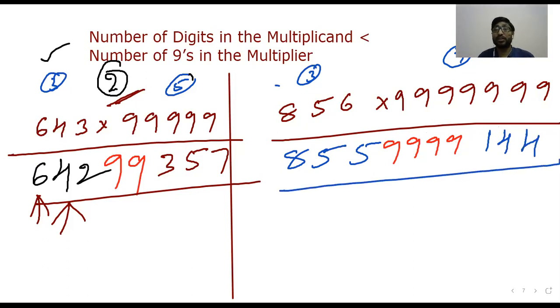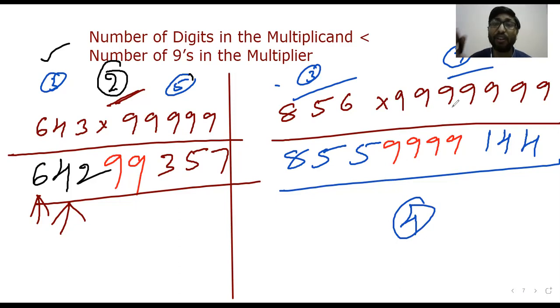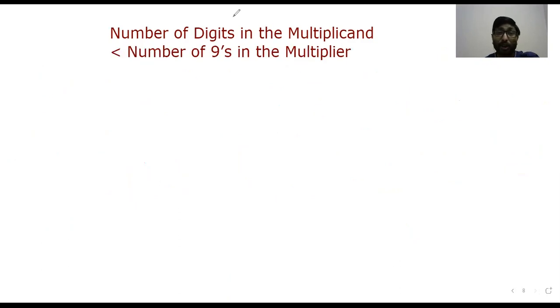Did I use zeros? Did I use step-by-step calculations? Nothing. You don't need to write the differences or anything. The difference here is 4, that's why we got 4 nines. Irrespective of the problem, you can solve the multiplication directly in one step.